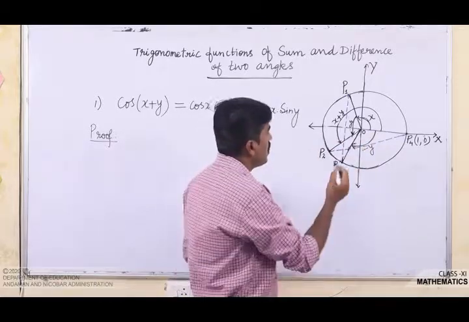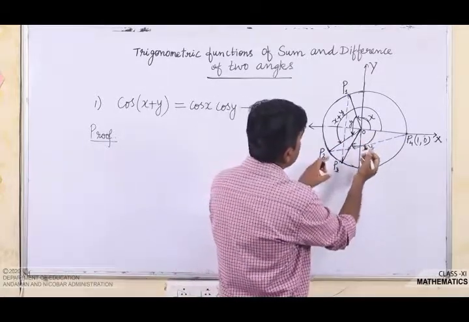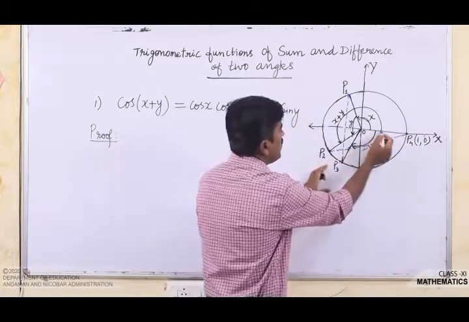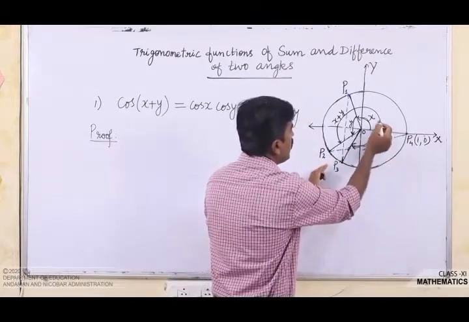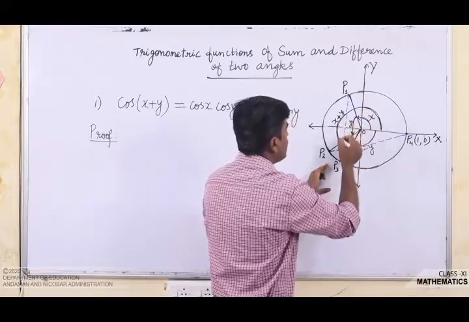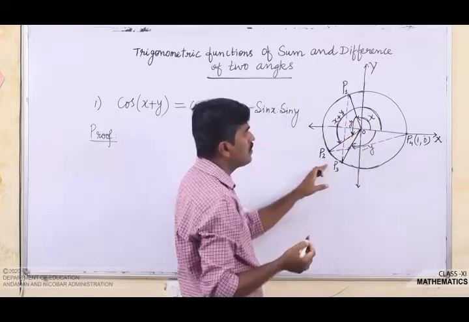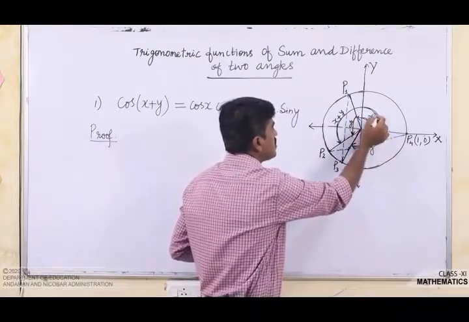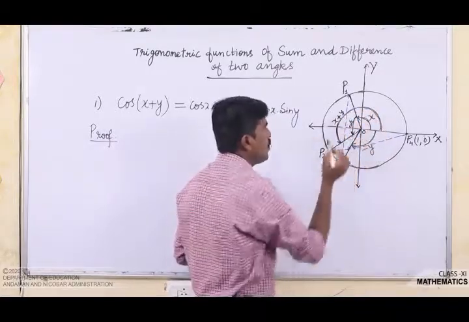Now what is the angle P4OP2? P4OP2 is this angle. So it is the sum of the angles x and y. So this angle is taken as x plus y.